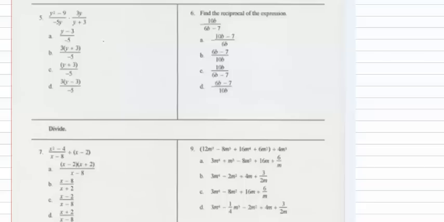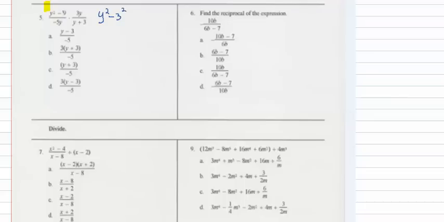Okay, number 5. I look at my first part of my fraction right here, and I'm going to do each problem separately. So I'm looking here right now, and I have y squared minus 9, and hopefully you see this as y squared minus 3 squared.